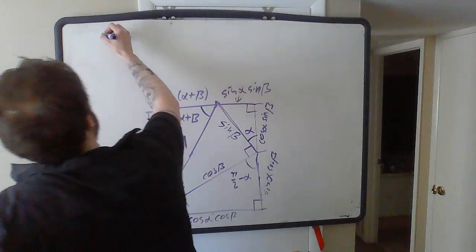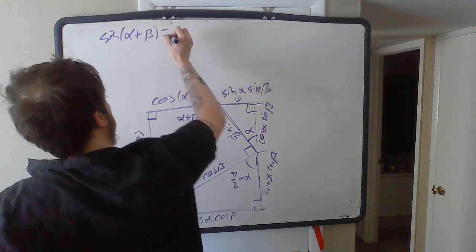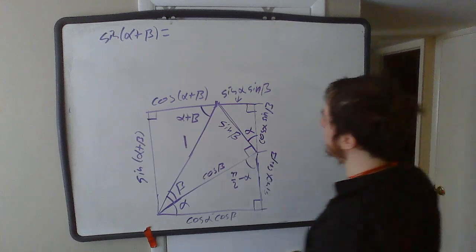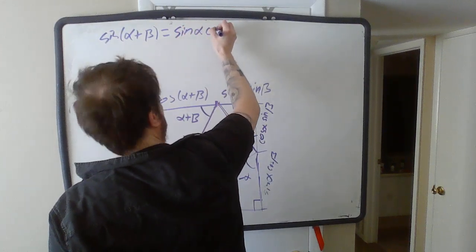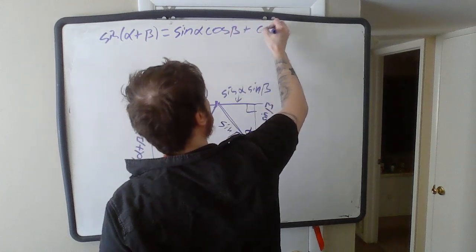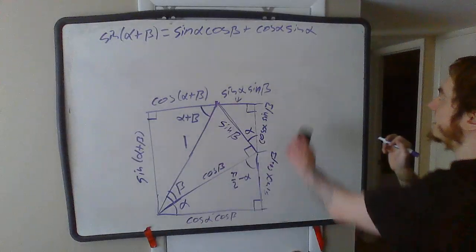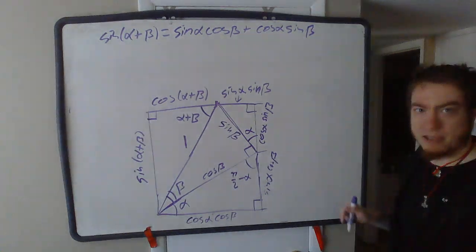So the sine of alpha plus beta has to be equal to the sum of these two lengths, which is sine alpha cosine beta plus cosine alpha. Whoops, that's a sine alpha. I meant to write a sine beta here because this is a beta.